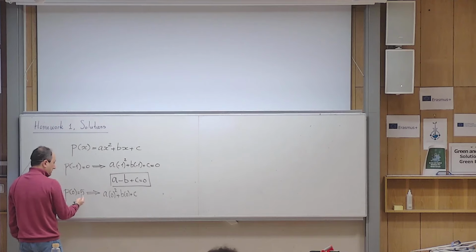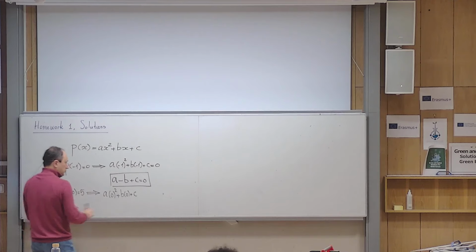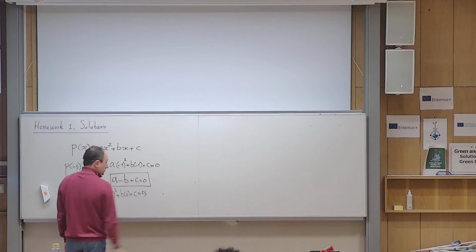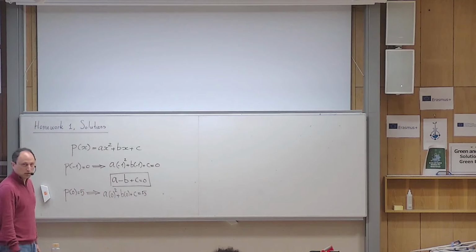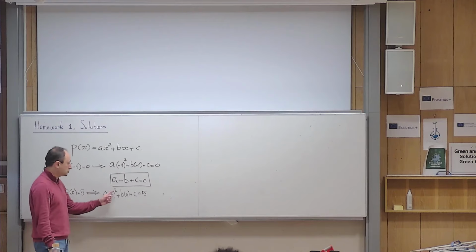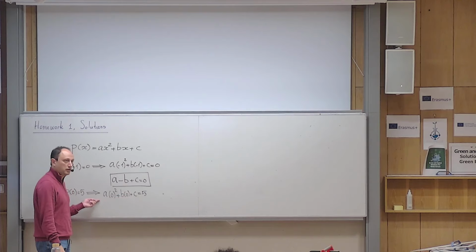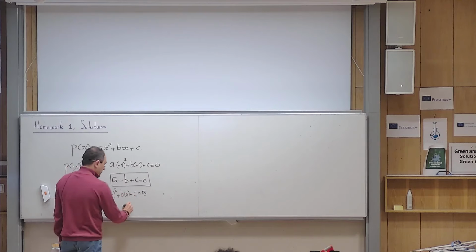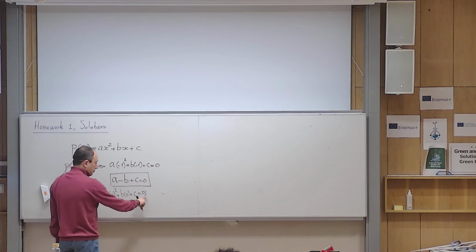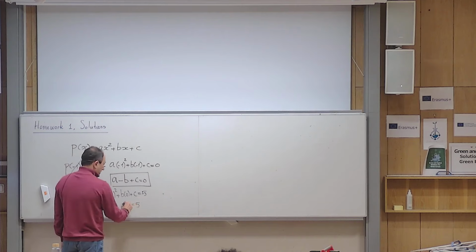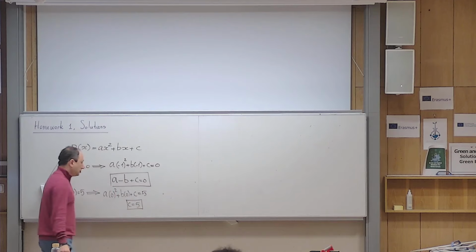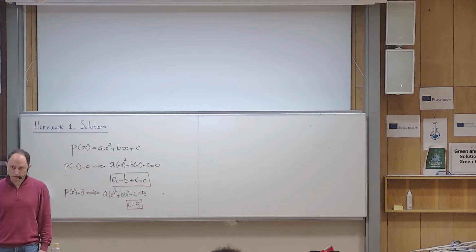On the other hand, the output is given to you. So these two outputs should match. Understandable? This is extremely simple, because 0 squared is 0 times a is 0, b times 0 is 0, so nothing so far. And then I am left with c on the left and 5 on the right. Good enough. Actually, I found c to be 5.